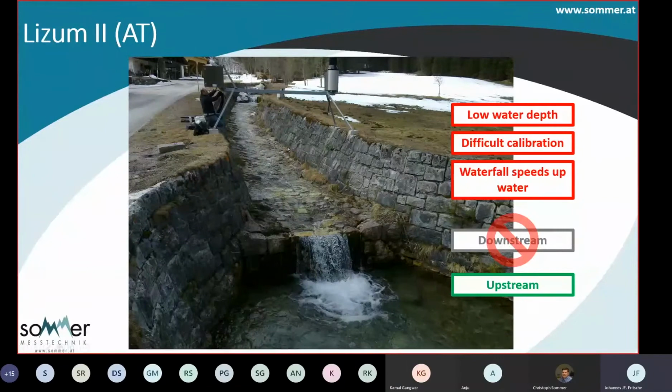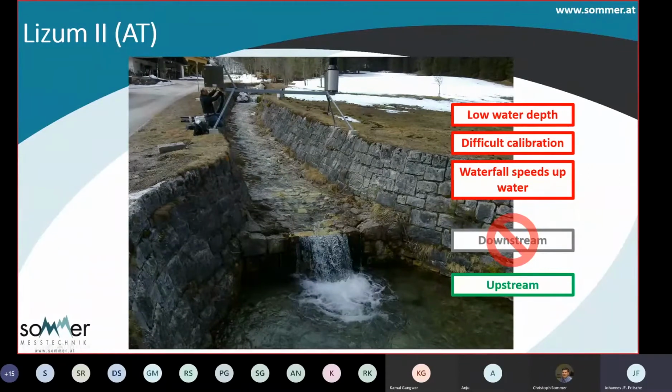Then another alpine stream with a channel that usually does not have too much water flowing, but it can have flooding during the spring season. You can see here on top sort of a tripod with the RQ30 looking upstream, and the problem we encounter here is the low water depth.